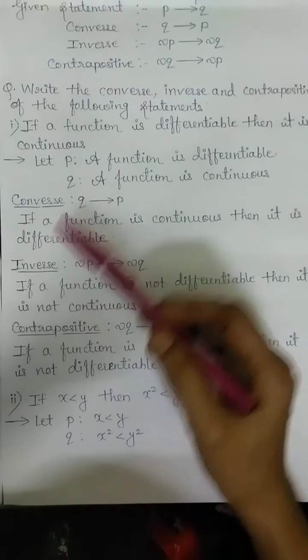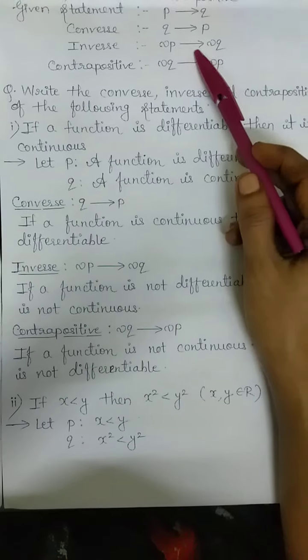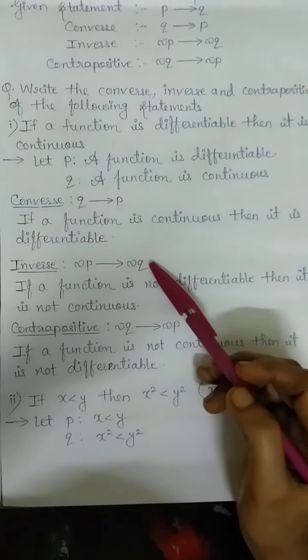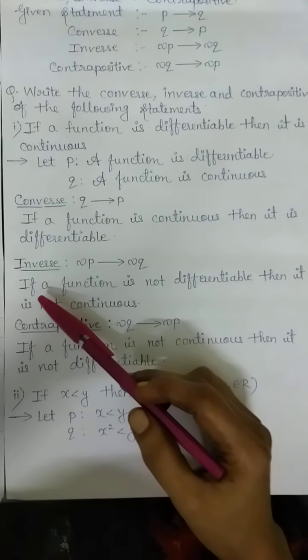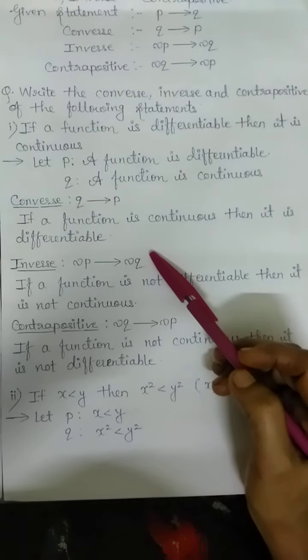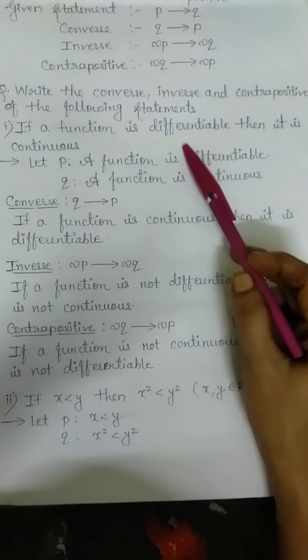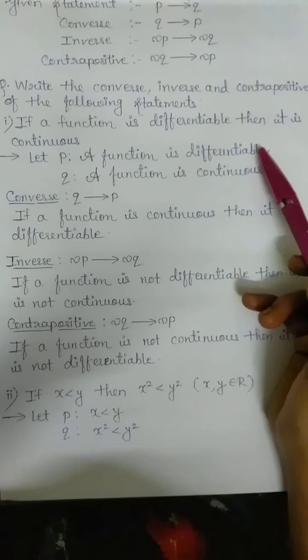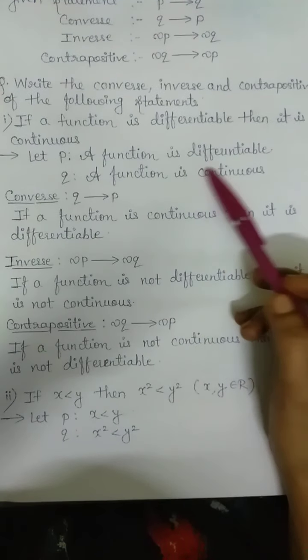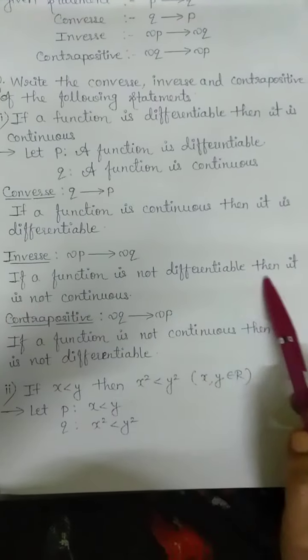Now inverse is given by negation of P implies negation of Q. So here we require a negative statement: if a function is not differentiable then it is not continuous.